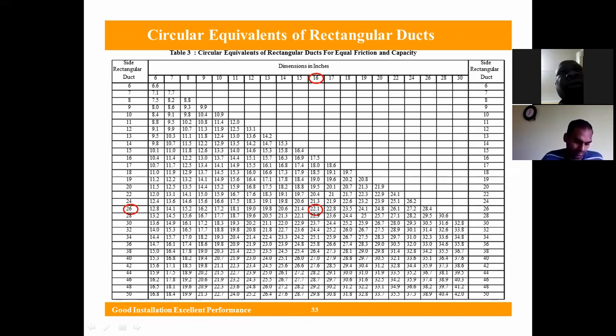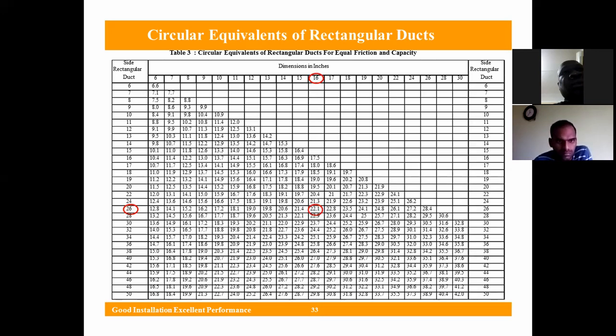So we know 16.08 is the circular duct diameter. Now we are going to find the rectangular duct dimension. We are going to see whether 16.08 or something closer to that number is coming or not. It is 15.9, then it comes to 16.2. We can look at the next one. Yeah, 16.1 is there, close to 16.08.